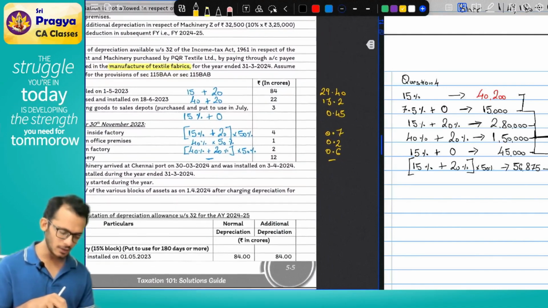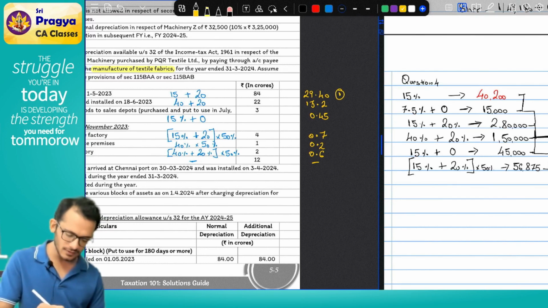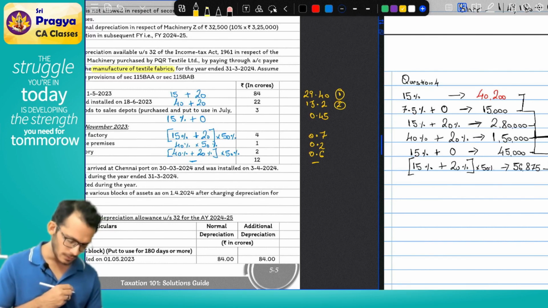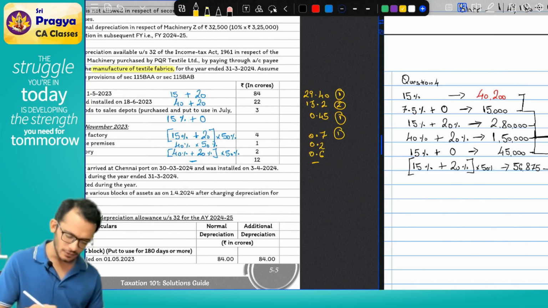Tell me which ones are blocked. 29.4 is the one block. 13.2 is the second block. 0.45 is a part of first block. 0.7 is a part of first block. 0.2 is a part of second block. 0.3 is a part of the last block.